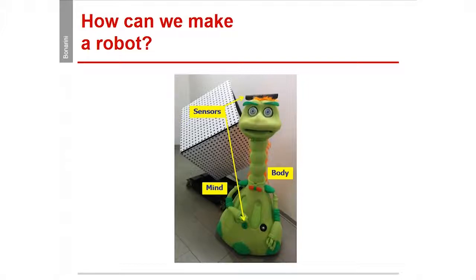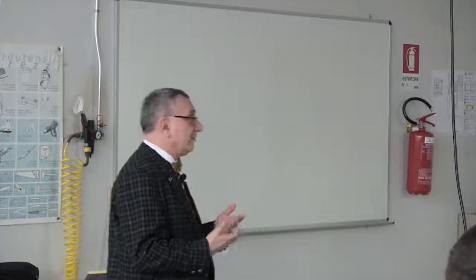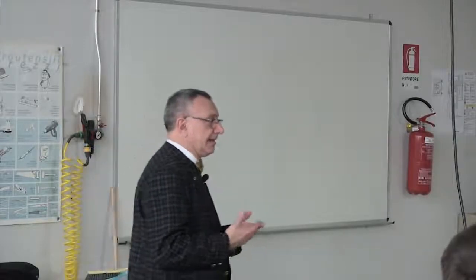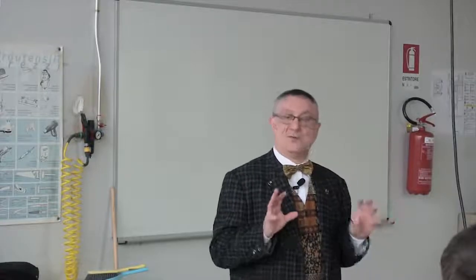The sensors. So we have the three aspects, which are sensors, mind, and body. Sensors provide data relevant to support the task performance. So what we need when we talk about sensors is the information that we actually need to perform a task.